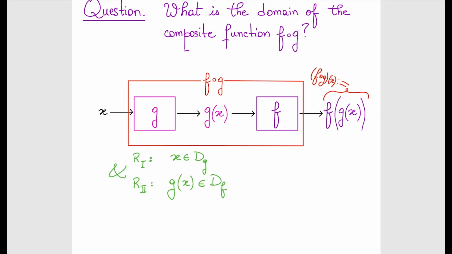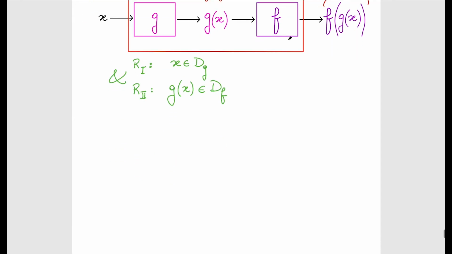Let's summarize this discussion and our findings by writing out what the domain of a composite function is. So the domain of f composed with g, let's denote it by d sub f circle g, is equal to, I'm gonna just put these two conditions, right?